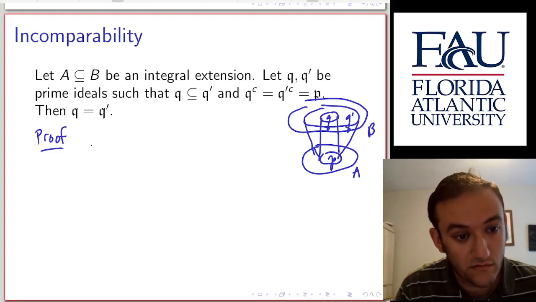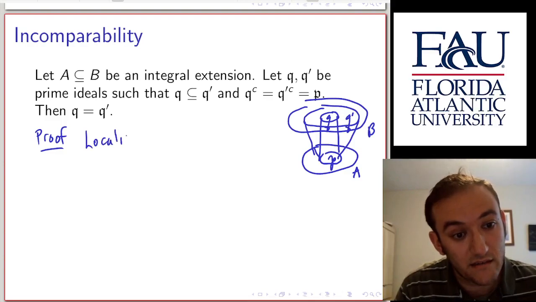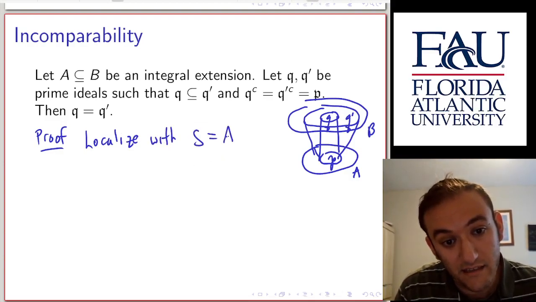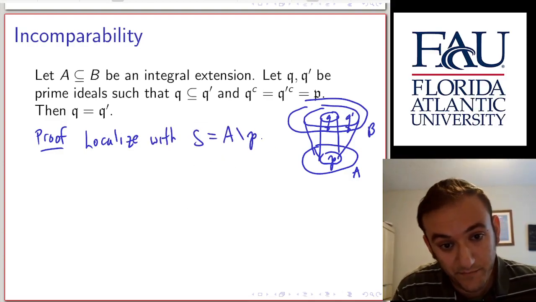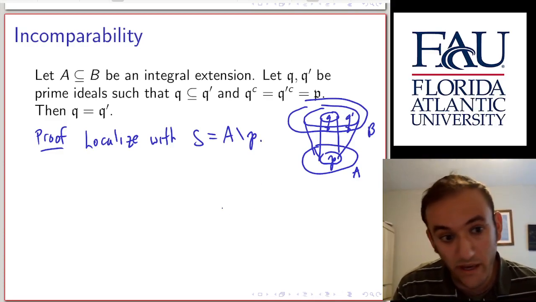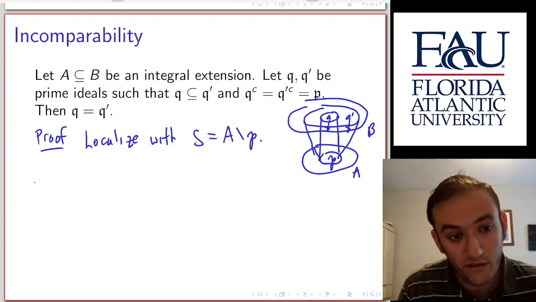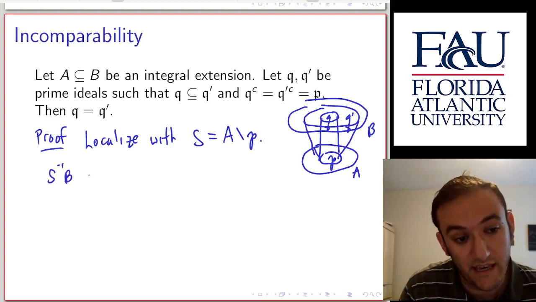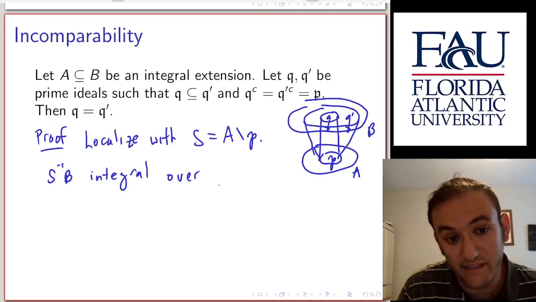So localize with A, now let's call it S. S equals A, leaving out P. Okay, and in the previous lecture we proved that localizing in this way preserves integral extensions. So that means that S inverse B is integral over S inverse A, which is just A_P.